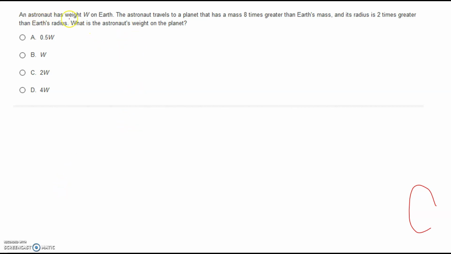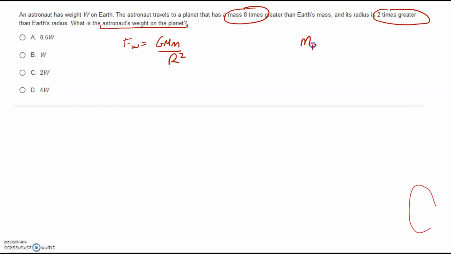Okay. An astronaut's weight is W on Earth. The astronaut travels to a planet that has a mass 8 times greater and a radius 2 times greater than the Earth's radius. What is the astronaut's weight on that planet? So what I did was I said, okay, the weight is going to be equal to this, where the mass on the other planet is 8 times the mass on Earth, and the R on the other planet is 2 times the R on Earth. So I plugged these in.